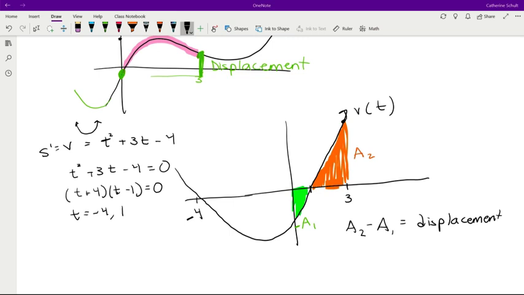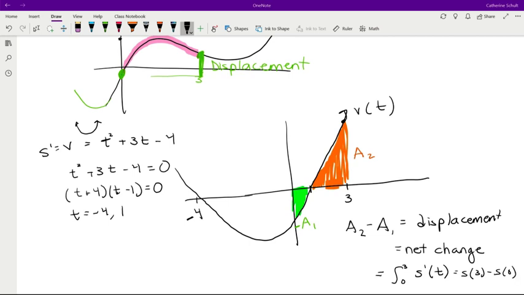Let's write out all the words. That's the net change, we're calling that the net change right now. And that's exactly what we just found. The integral from 0 to 3 of s prime of t. Okay? So it's s of 3 minus s of 0.